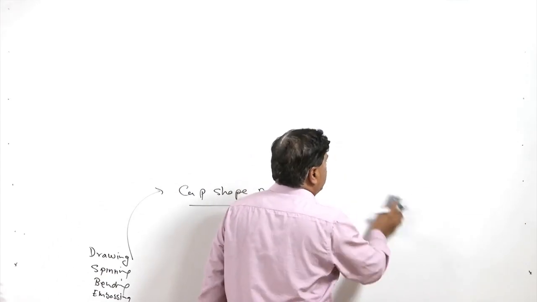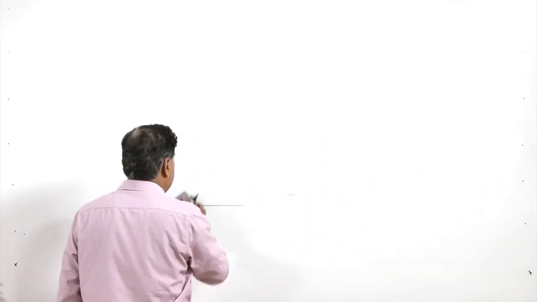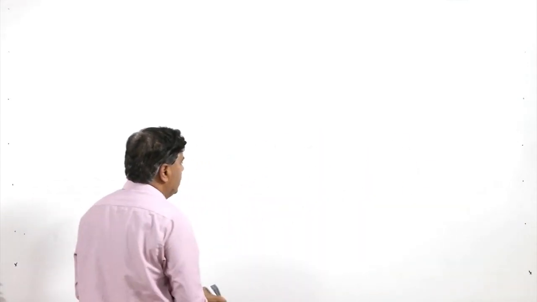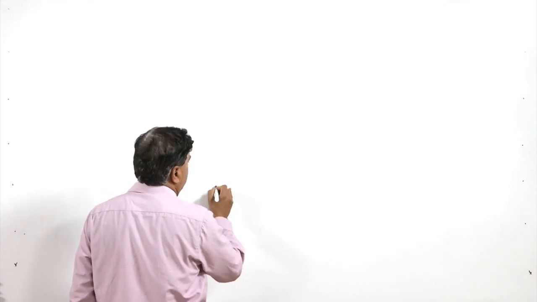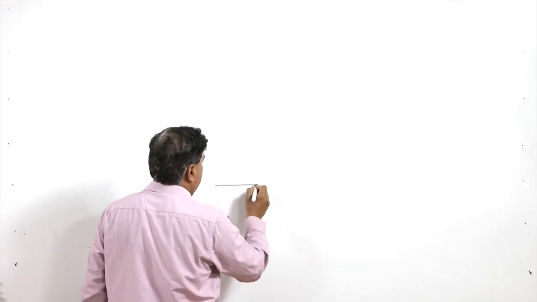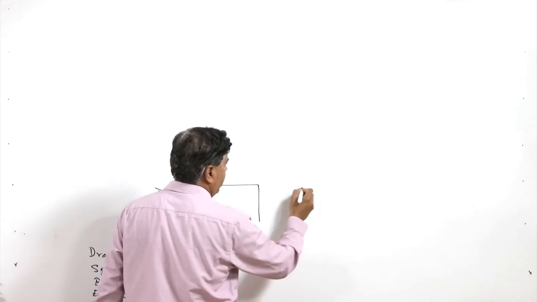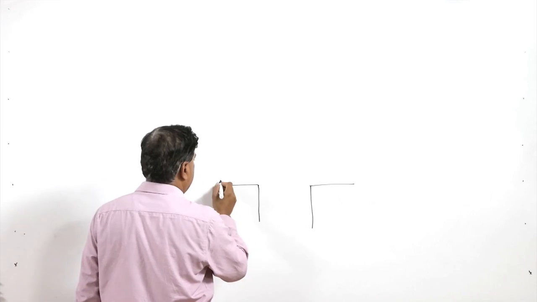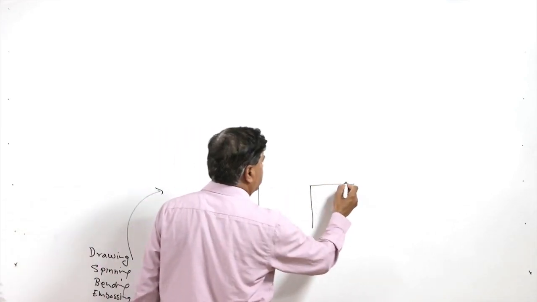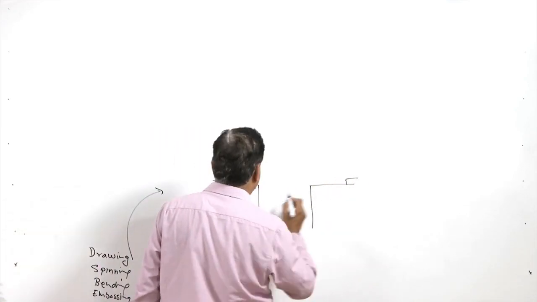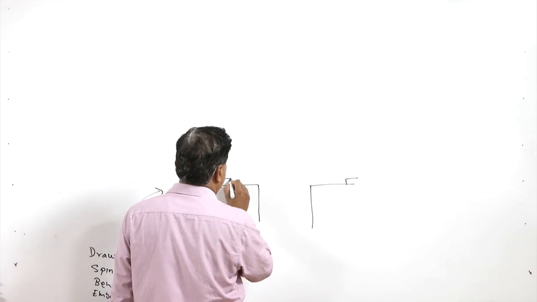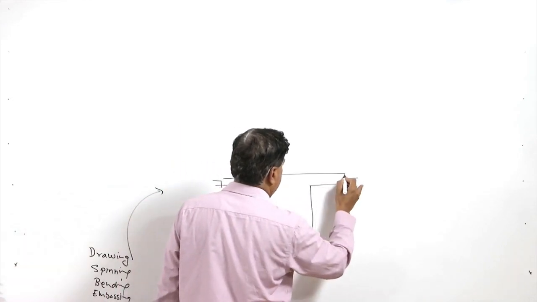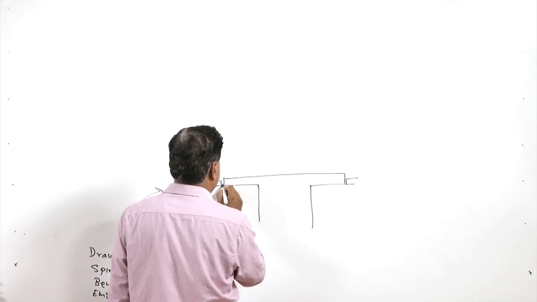So, for the drawing purpose, basically one die is used like this, and then one guide plate to ensure that the strip is placed at a particular location, and here a strip is placed in this manner over the die.